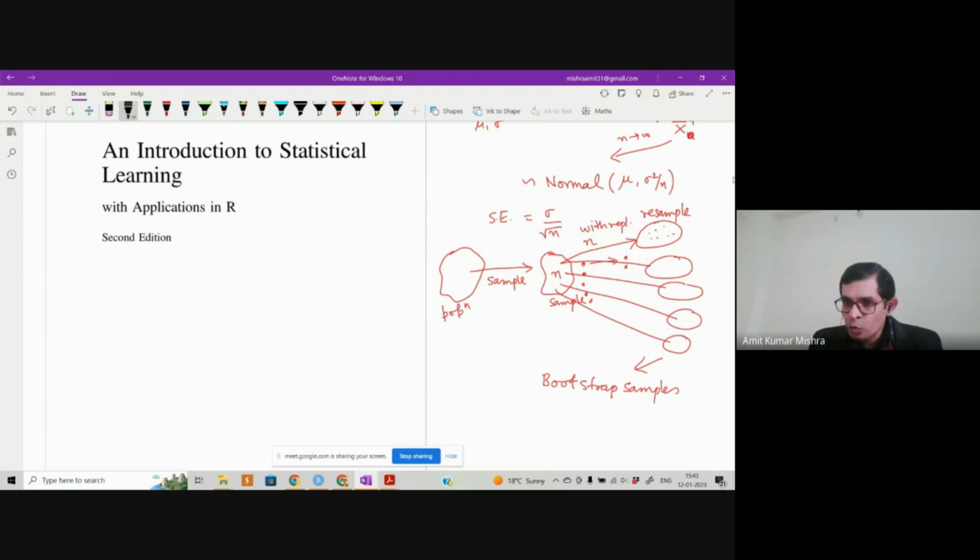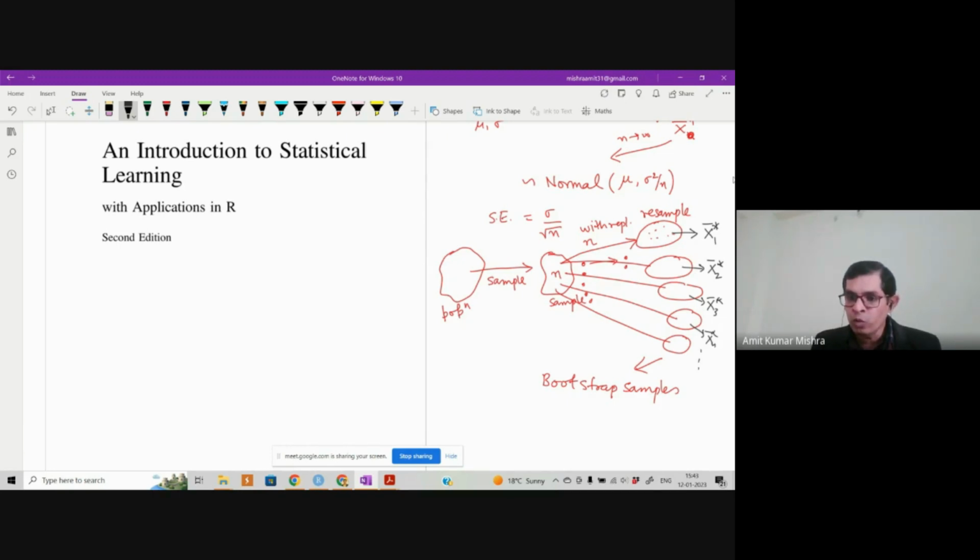Okay. Now what happens here? From these bootstrap samples, we, for example, measure X bar. I am putting a star just to denote that it is a bootstrap sample. So I am finding the mean of the first bootstrap sample. Then the mean of the second bootstrap sample. Then the mean of the third bootstrap sample. Then the mean of the fourth bootstrap sample, and so on.